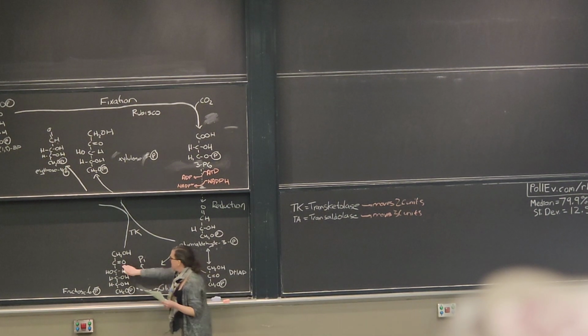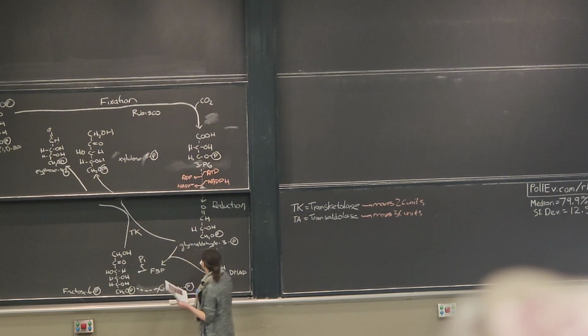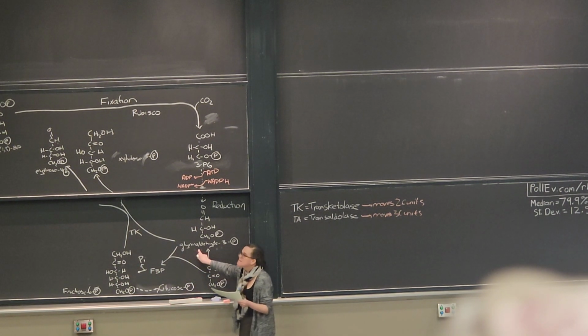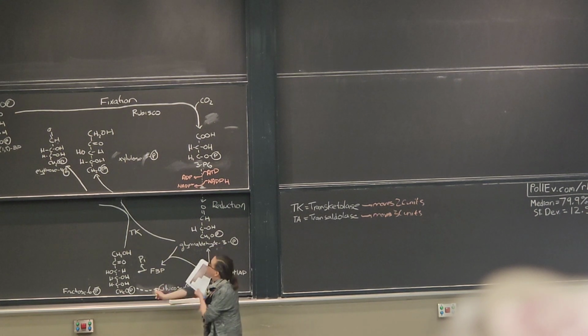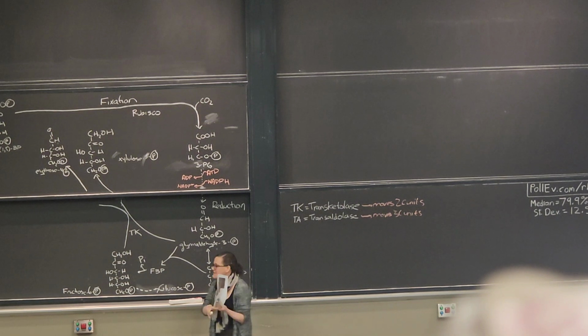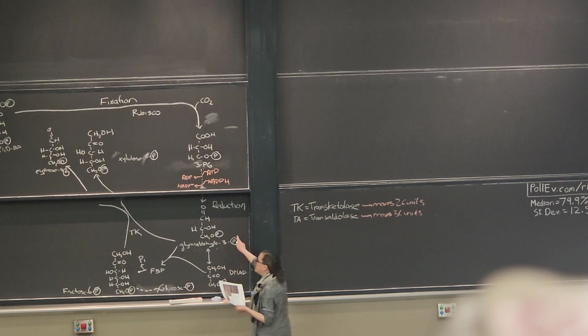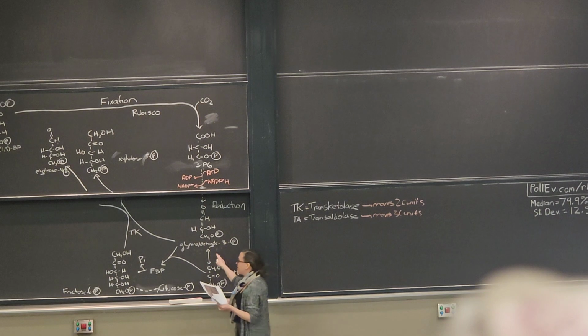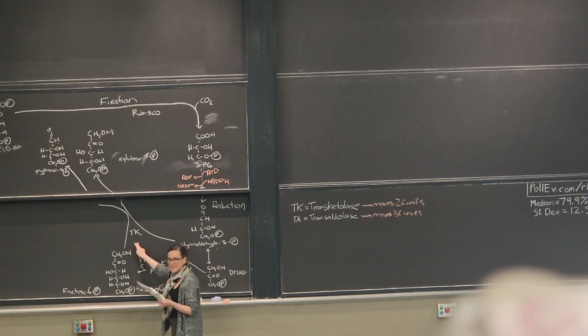In this case, the carbon donor is the ketose, okay? The carbon acceptor is the aldose, and it regenerates a ketose and an aldose, okay? So number of carbons are conserved, ketose is the donor, aldose is the acceptor, 2 carbons get moved around. We call this transketolase.